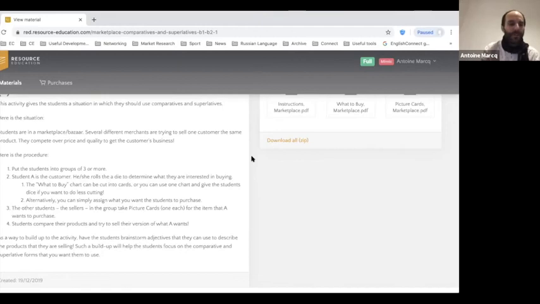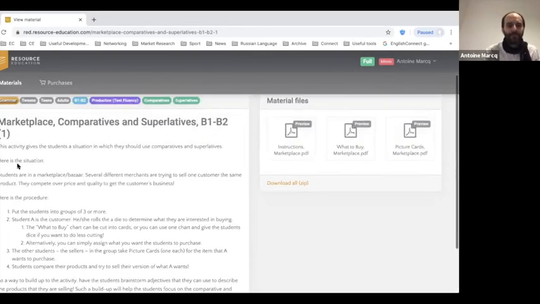How's it going to work? Here's the procedure. Put the students into groups of 3 or more. Student A is the customer, and he or she rolls a die to determine what they're interested in buying. The what-to-buy chart can be cut into cards. You can use one chart and roll a die, for example, or you can cut out the chart into little cards and they just pick a card randomly.